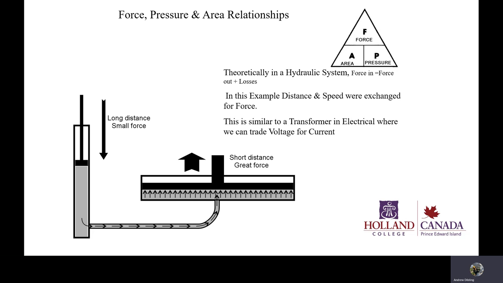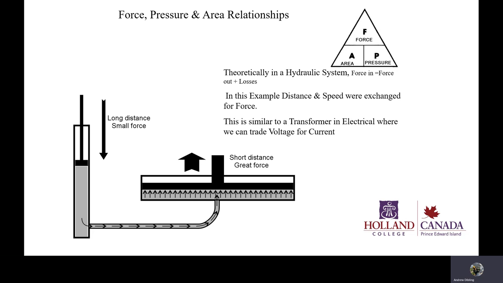This uses more of Pascal's law than it does Bernoulli's, but still a hydraulic system it is. In this case, we will use a long distance. We may be jacking this thing 10, 15, 20 times to get a little bit of fluid to move into this larger diameter cylinder.